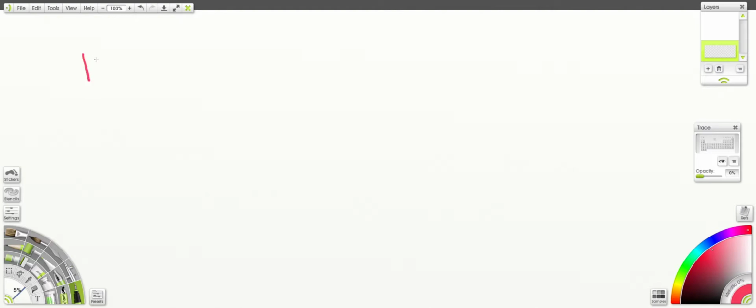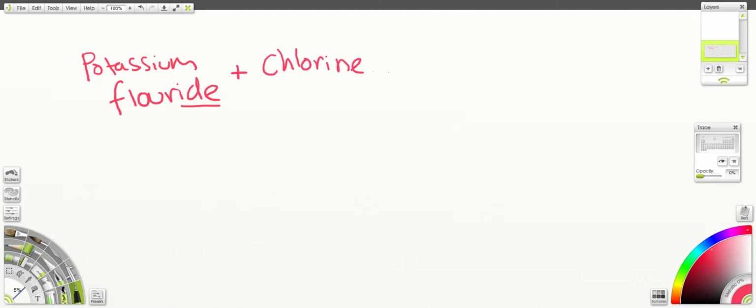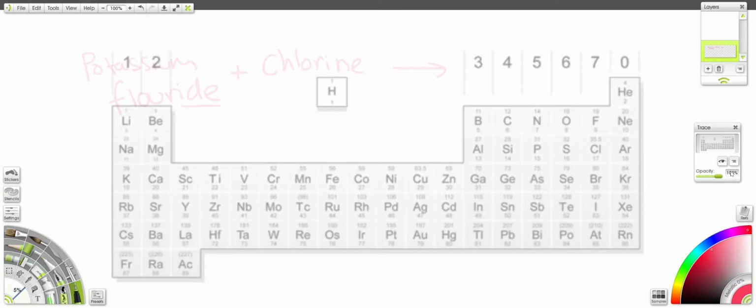Let's say we've got potassium fluoride. And notice, because it's with potassium, because it's with a metal, it changed to -ide, plus chlorine. Okay, so plus chlorine, and we're going to see if there's a reaction. Okay, let's have a look. So what we're asking is, can chlorine bully and take something off the fluorine?